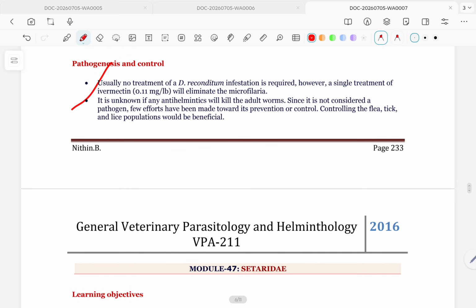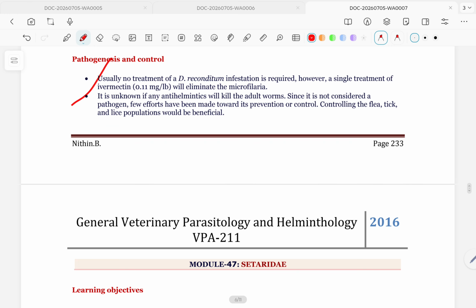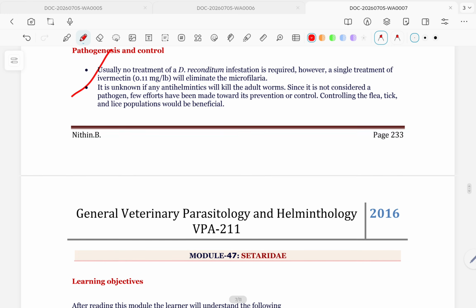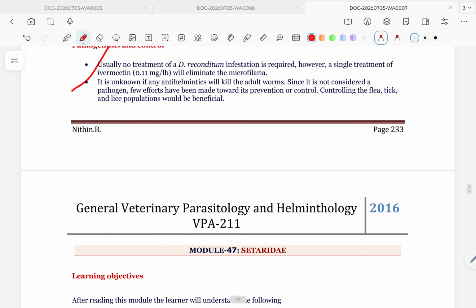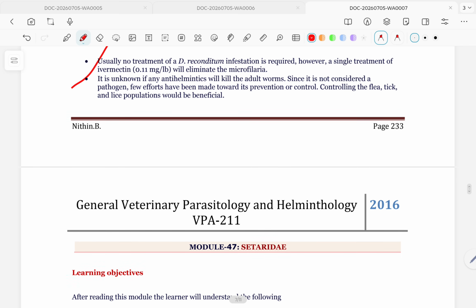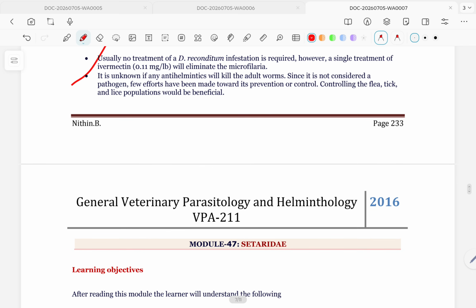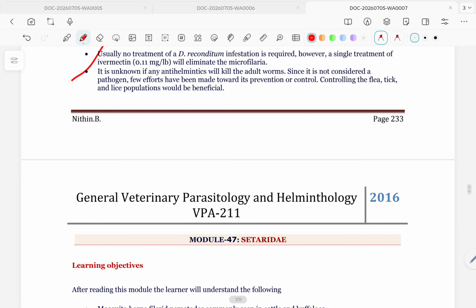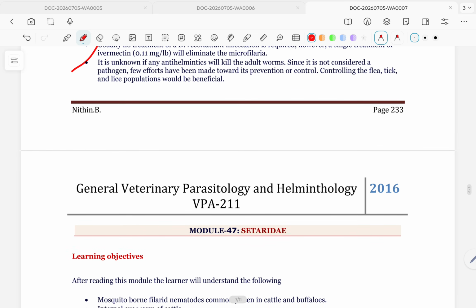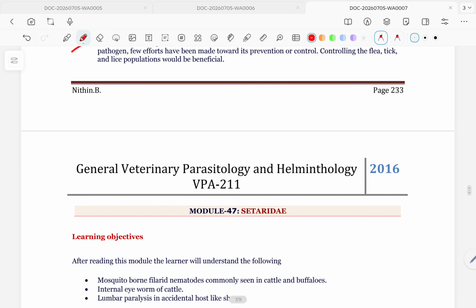It is not known if any anthelmintic will kill the adult worm. Since it is not considered a pathogen, few efforts have been made towards its prevention or control. Controlling the flea, tick, and louse population would be beneficial.